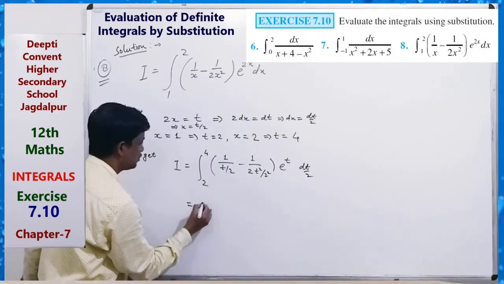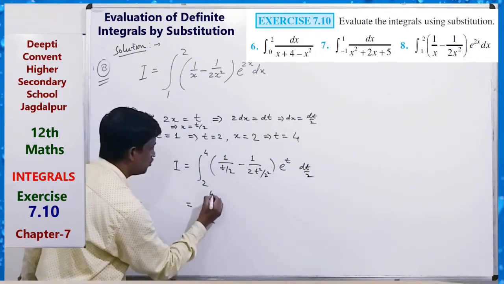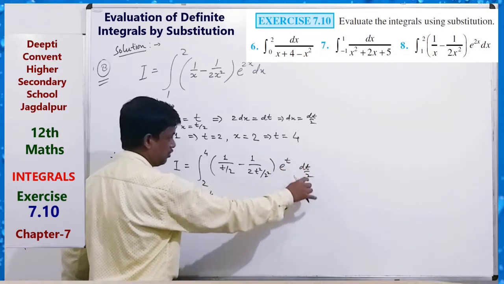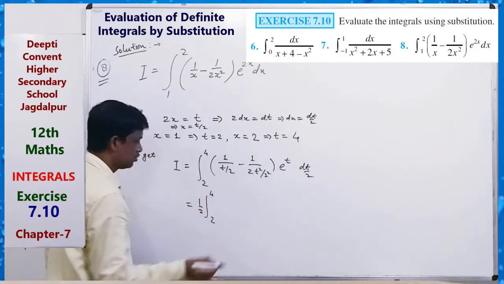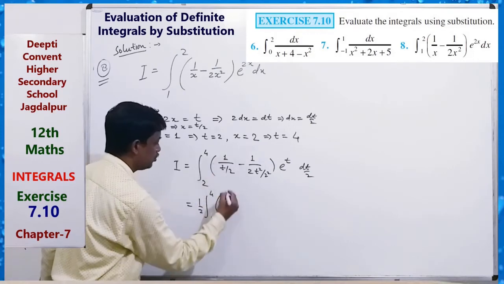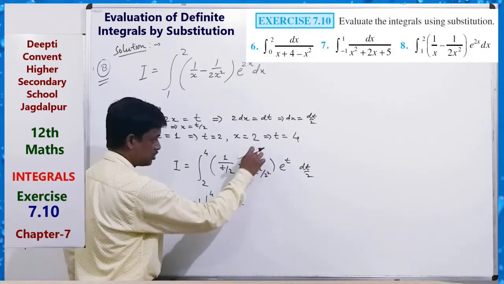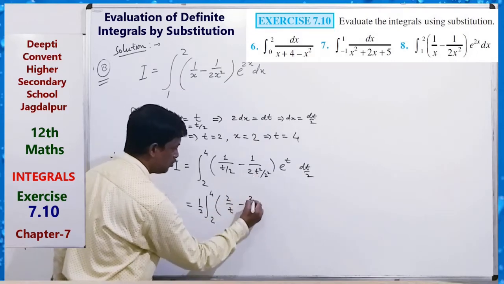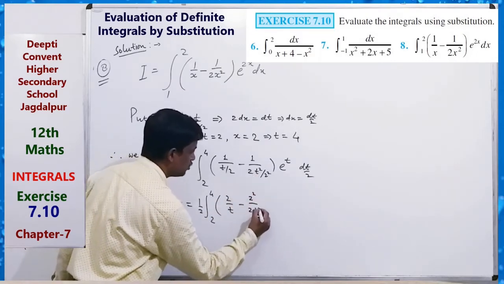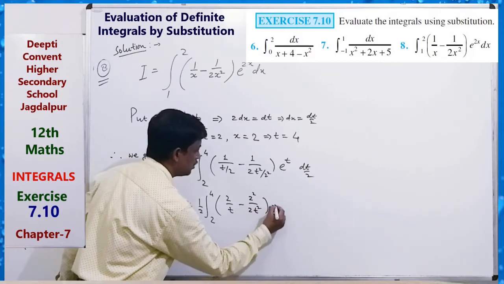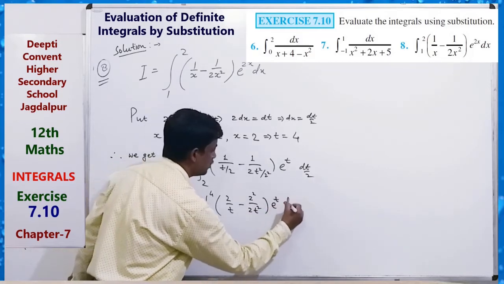So this is equal to what? 2 to 4, 1 by 2, here 2 by t minus 2 square by 2 t square e to the power t dt.